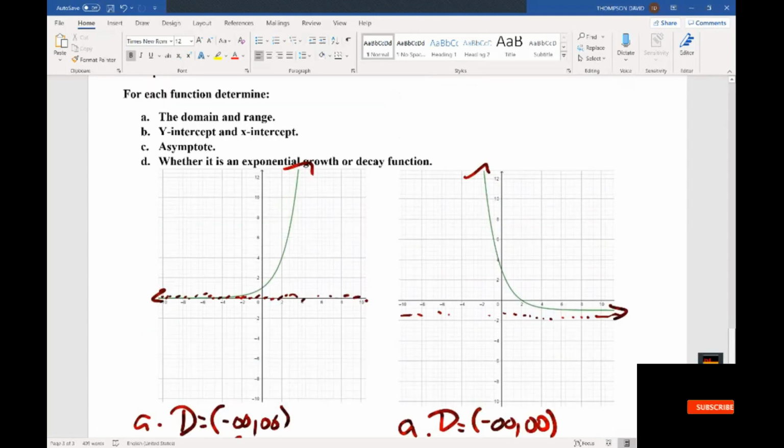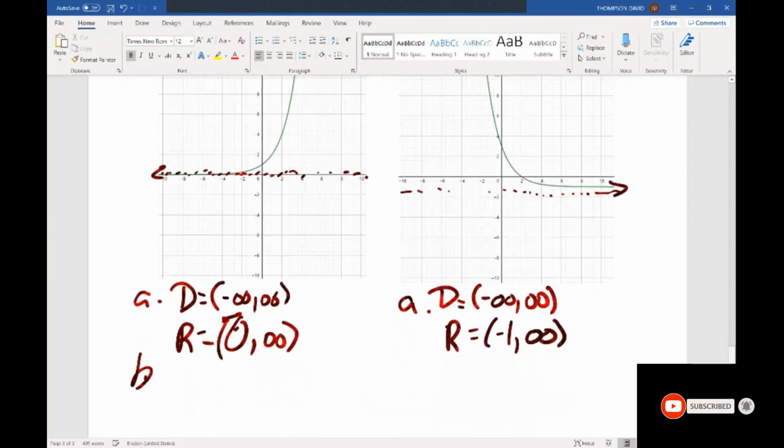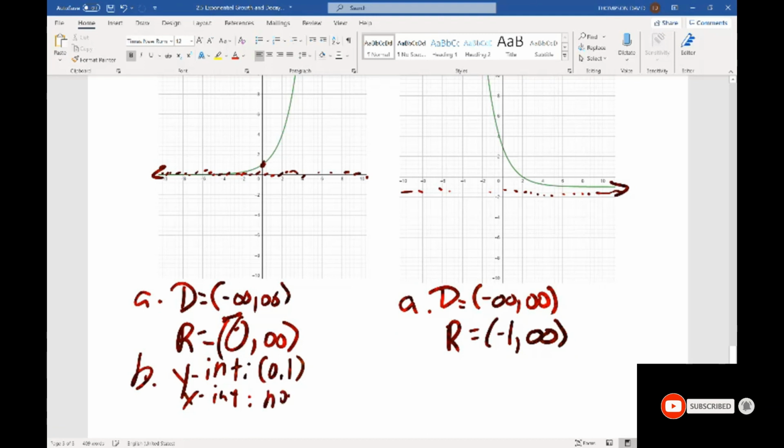Okay, B, the y-intercept and the x-intercept. For the first graph, the y-intercept looks like it's at approximately (0, 1). X-intercepts, I don't see any because it doesn't cross the x-axis. So we'll just say there's none.